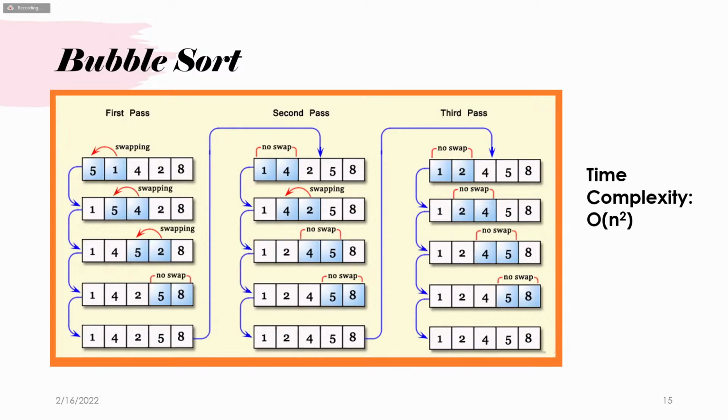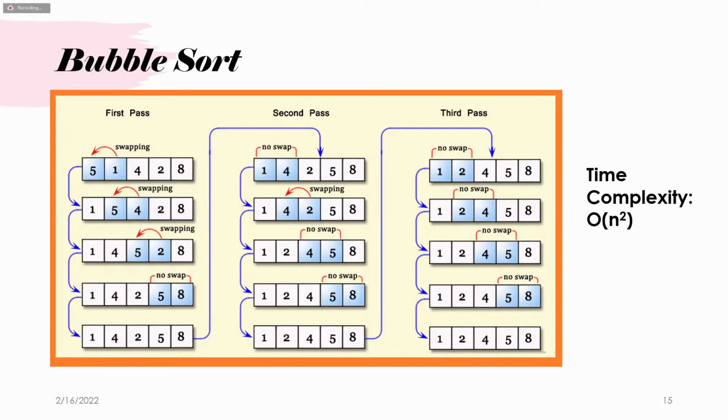Now you have to compare the next two elements, which is 5 and 4. Here, if you see, 4 is less than 5, so again you have to swap the adjacent elements. Once you swap, you will get 1, 4, 5, 2, 8. Now you consider the elements 5 and 2. Again, you have to swap because 2 is less than 5 and we need 2 to be present before 5.